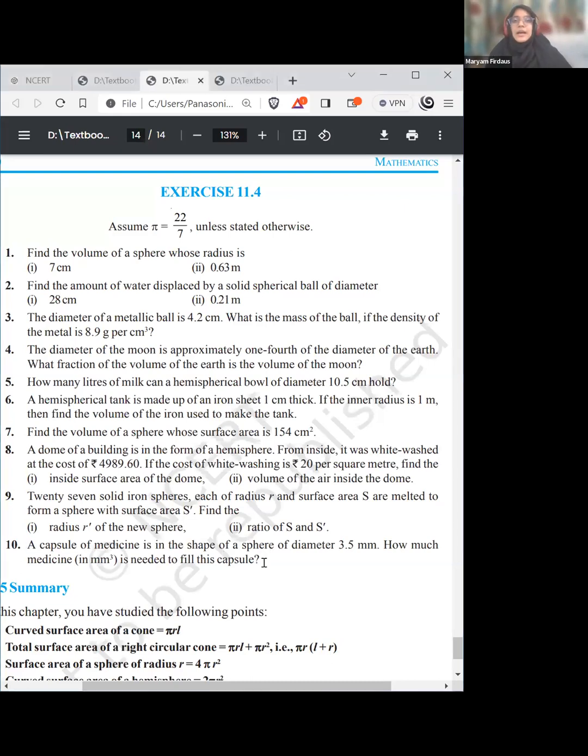And the diameter of this capsule is given. If the diameter is given, we know how to find the radius, right? Radius is basically diameter by 2. So they're asking us to find the volume of the medicine that will fill the capsule. Meaning you just need to find the volume of the capsule.